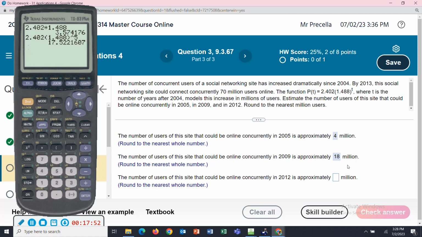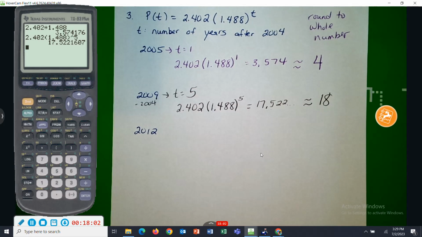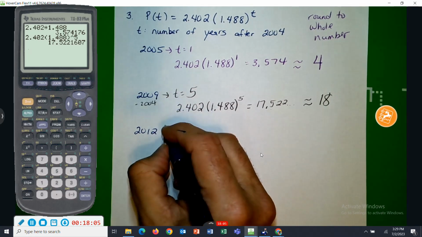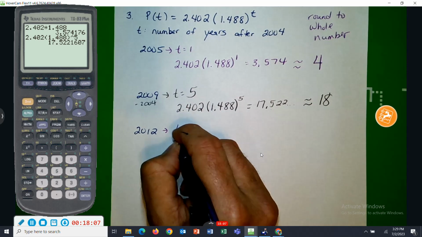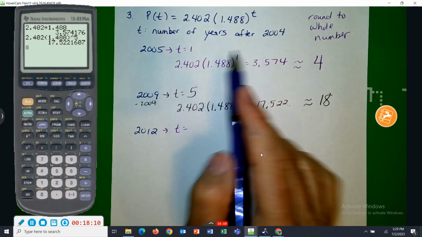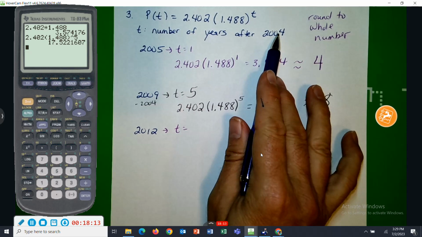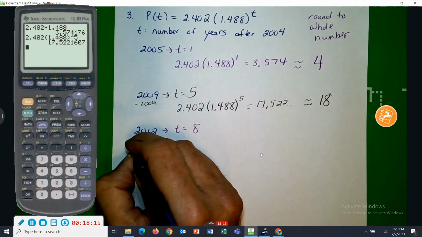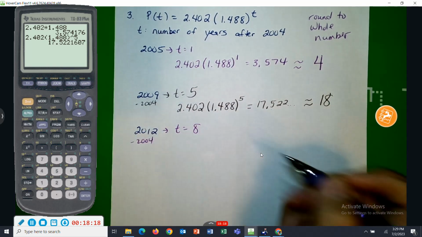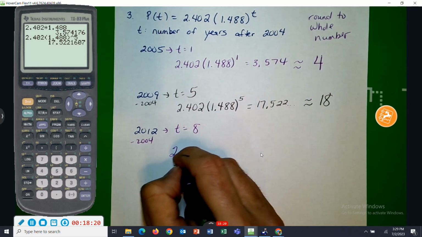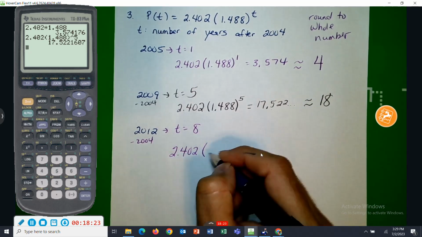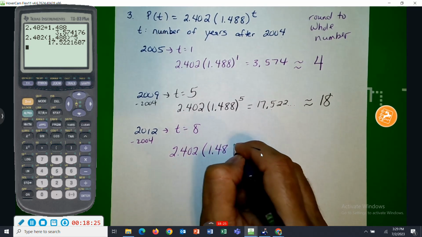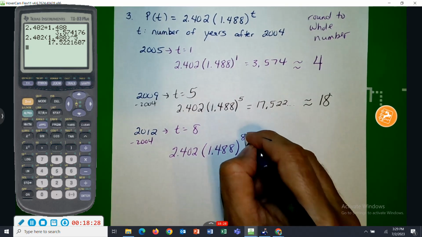The number of users, okay, but what about 2012? Oh, is this the last part? Yeah. Well, for 2012, T would be, well, not one more. 2012 is how many years after 2004? Would it be 8? Again, you subtract 2004. So you're going to punch in 2.402 times 1.488 to the 8th power.